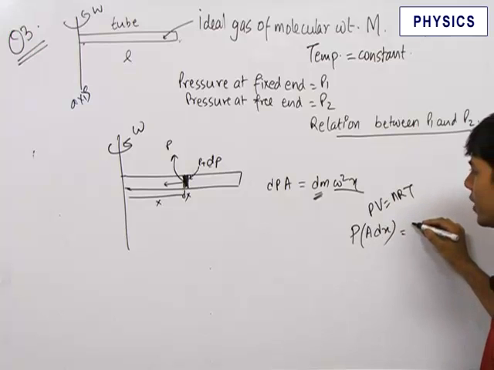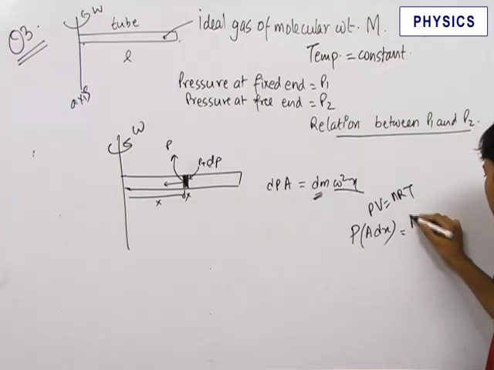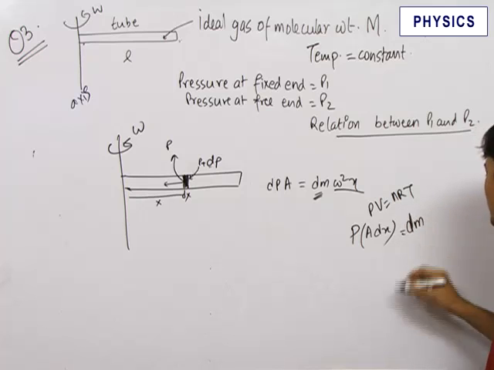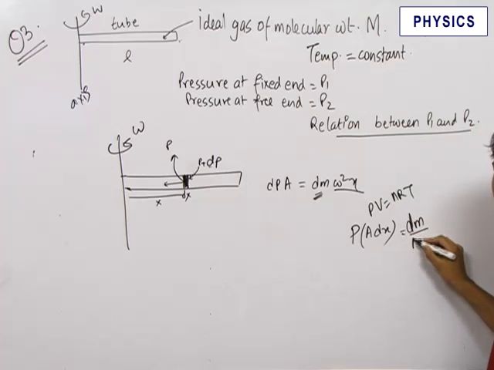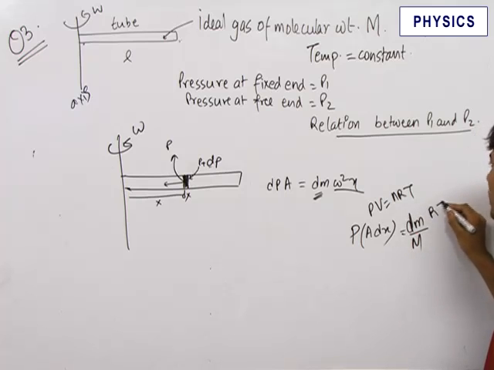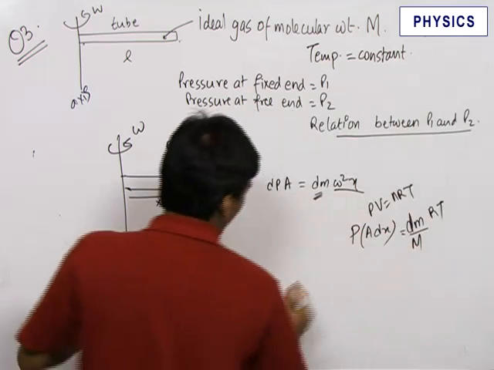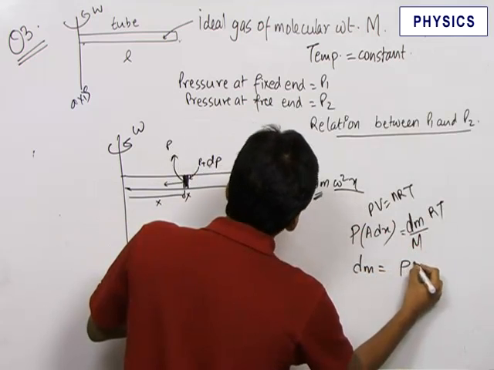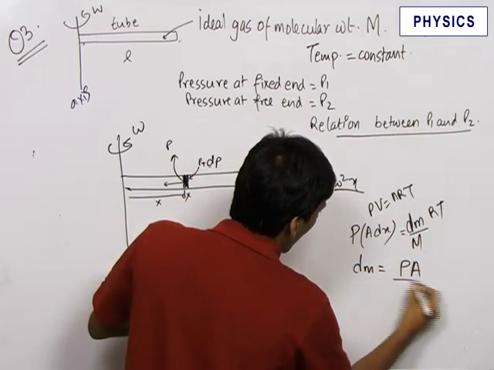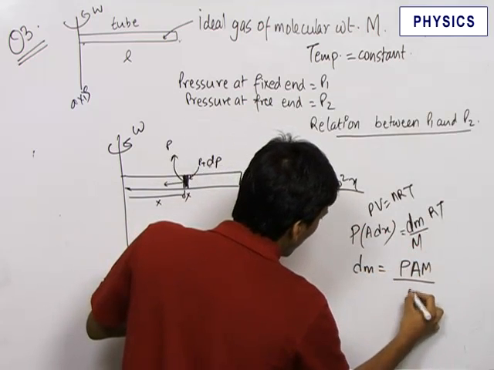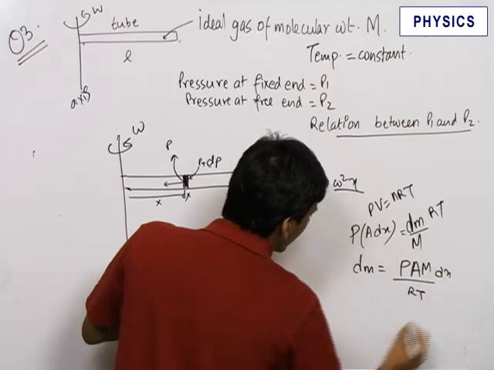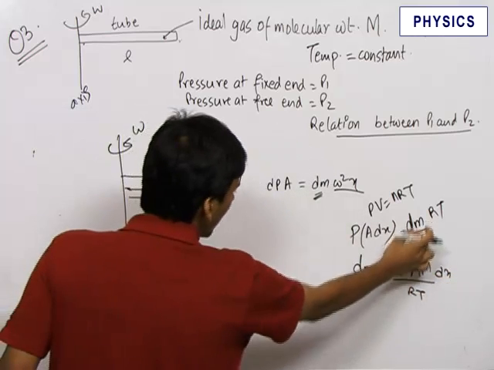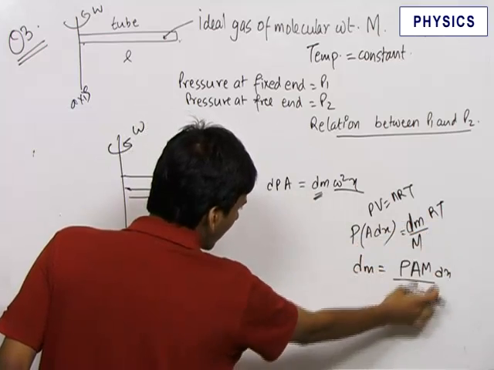Number of moles can be written as dm, that is small mass, upon the molecular weight M, into R into T. Therefore dm can be written as P into A into M upon RT into dx, that is dm is equal to PAM upon RT into dx.